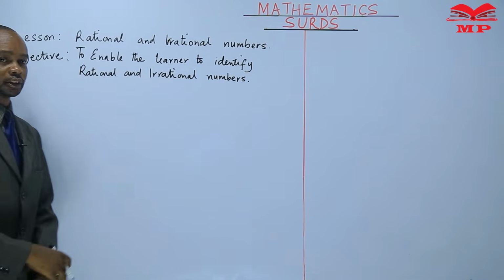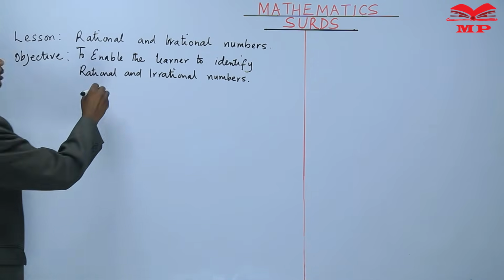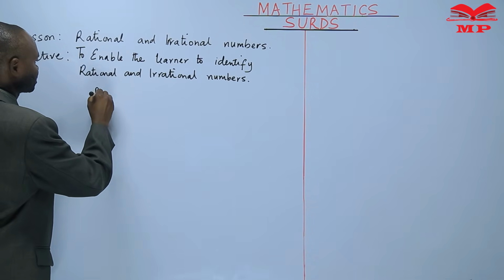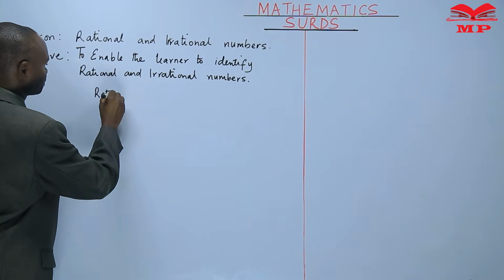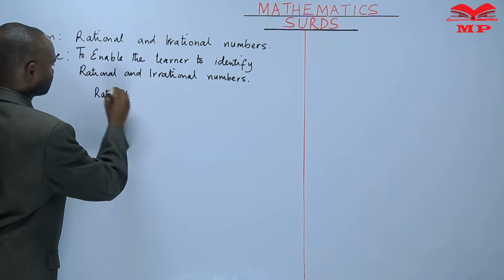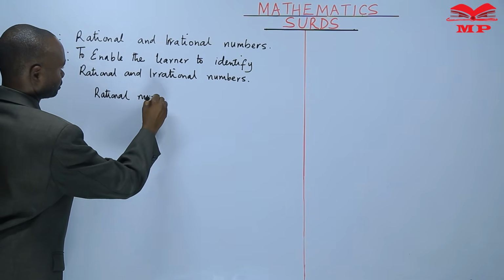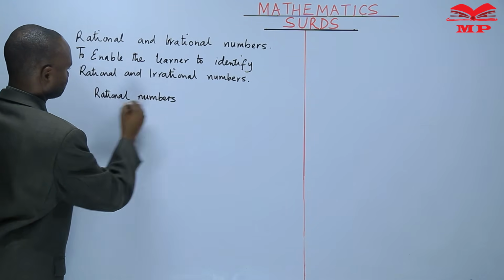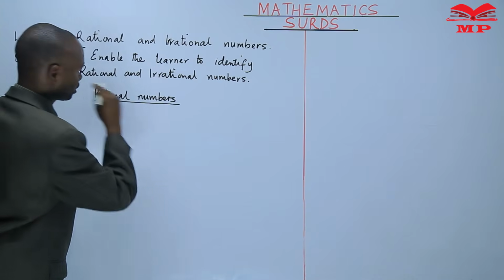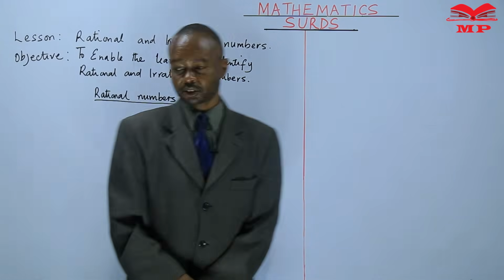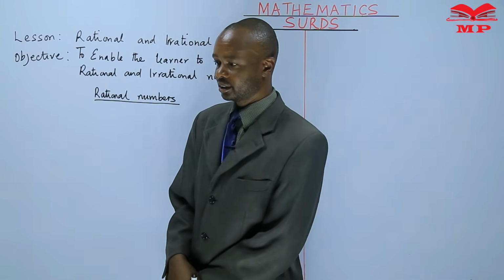So that is the objective. We begin with rational numbers.